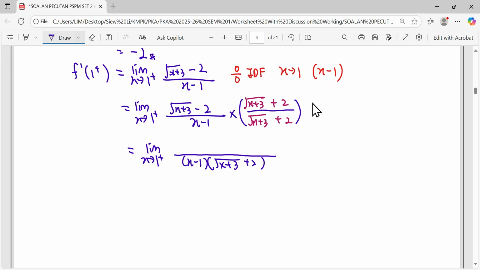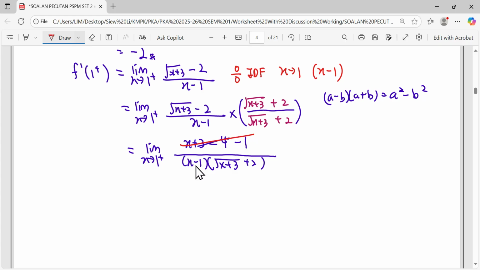So simplify your conjugate. When you have a minus b times a plus b, we get a squared minus b squared. This a squared is x plus 3, minus b squared which is 4. So this simplifies to x minus 1, that is the factor we want to find.